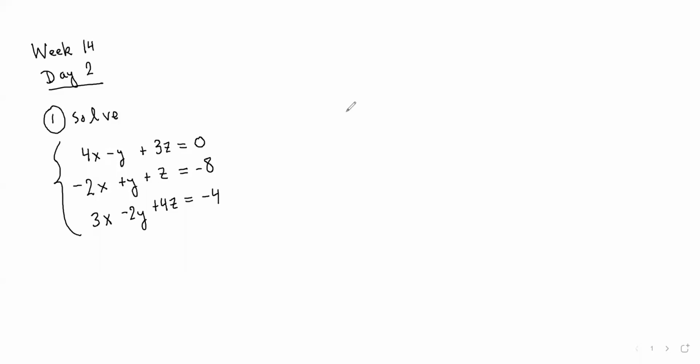So let me write this out here. I'm going to take 4x minus y plus 3z is equal to 0, and I'm going to add the next one, minus 2x plus y plus z, and this is equal to minus 8.